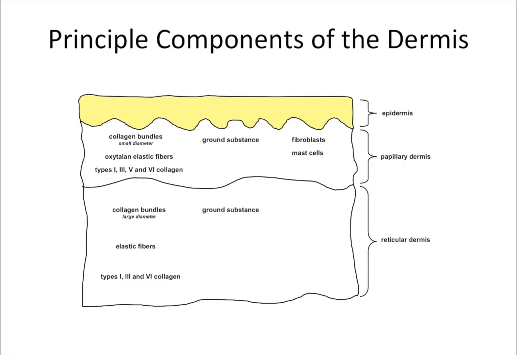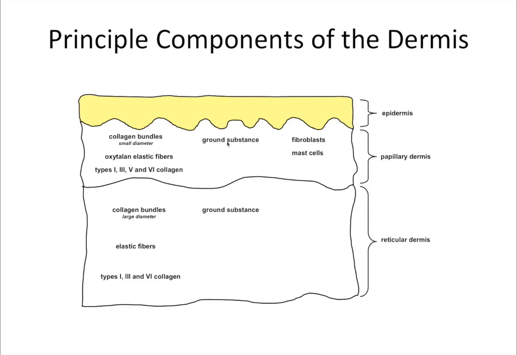Elastin is an important protein that helps the skin regain its shape if you stretch it or deform it in any way. When it springs back to its original shape, this is due to elastin. We also have types 1, 3, and 6 collagen predominantly. There's also some 5, but predominantly 1, 3, and 6 collagen are in the papillary dermis.